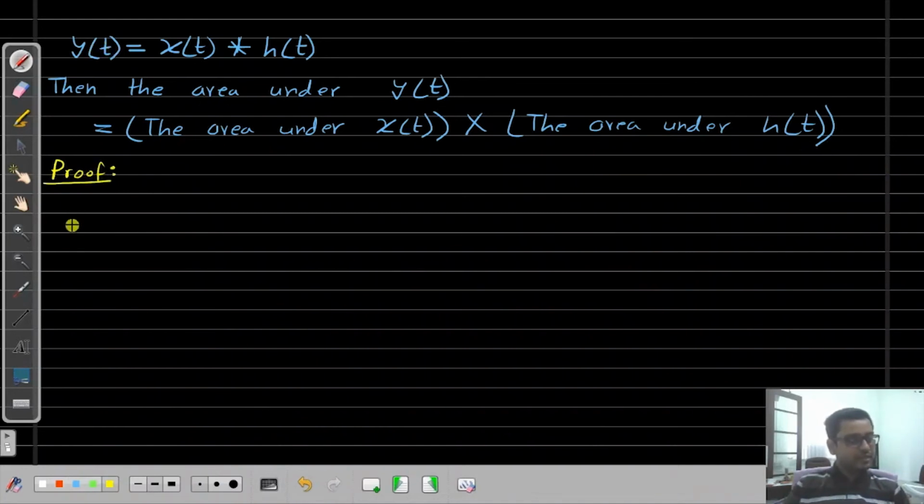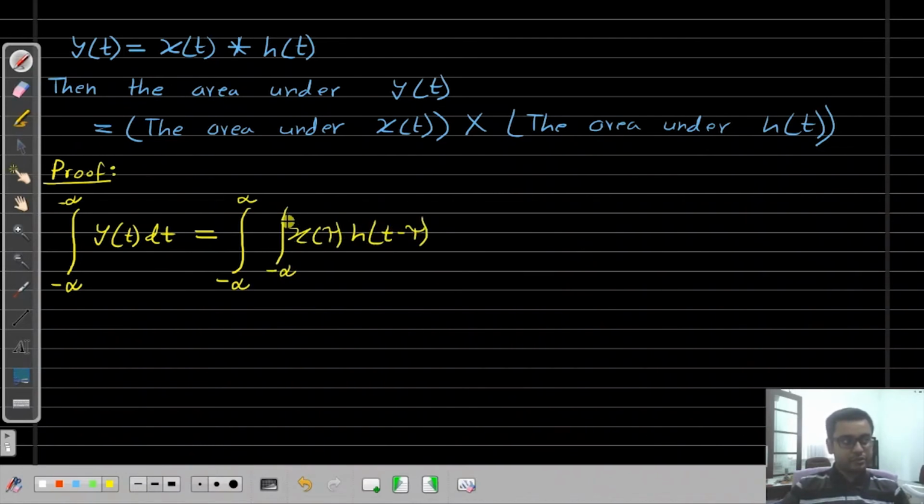The area under y(t) is the integration from minus infinity to plus infinity of y(t) dt, and this can be written as, in place of y I will write the formula for convolution, which is x(tau) h(t minus tau) integrated from minus infinity to infinity over tau d tau, and then this integration over t dt.